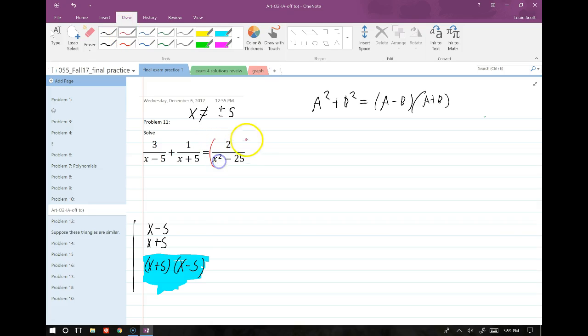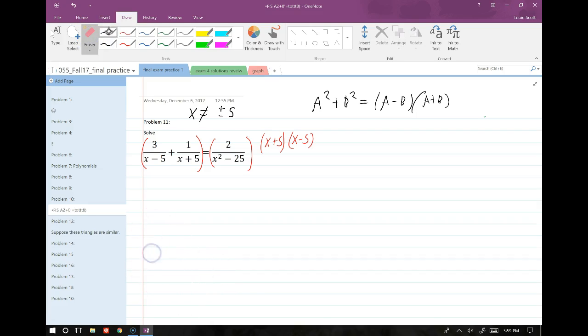So I'm going to multiply both sides, all terms, by this: x plus 5, x minus 5. I'm actually going to do that down here and give myself a little more room.